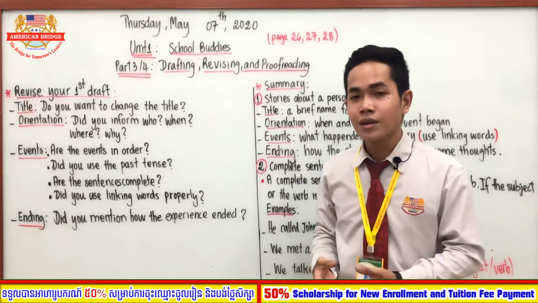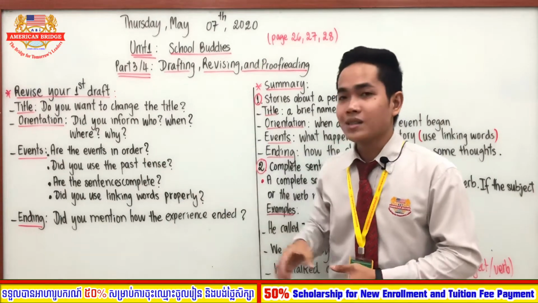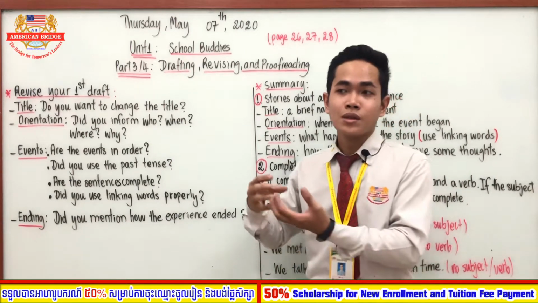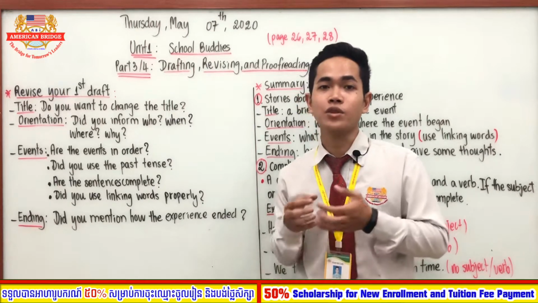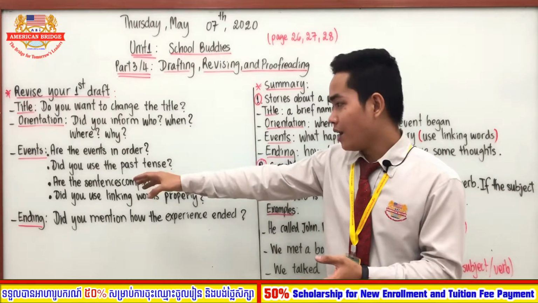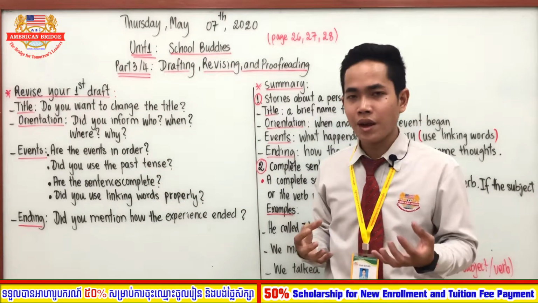Look at your paragraph right now. Did you use the past tense every time you talk about or describe someone's experience? You have to use the past tense. Get it? Are the sentences complete, everyone?